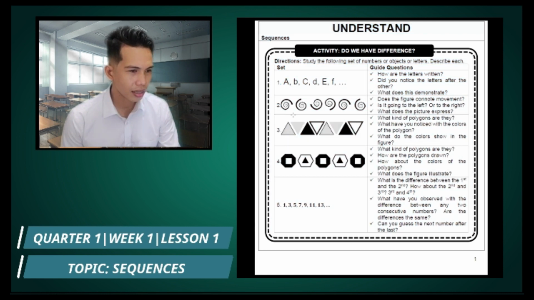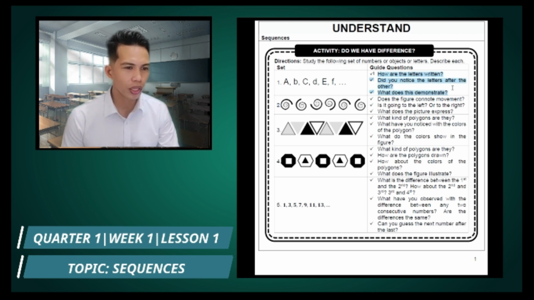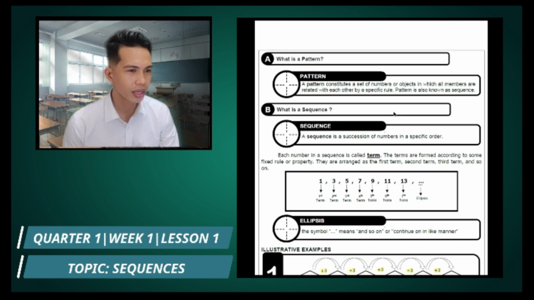Third set is polygons. Fourth set is also polygons. And fifth set, these are numbers. So the guide questions you have on the right side, you are going to answer those questions on a separate sheet of paper. Okay, so let's move down.